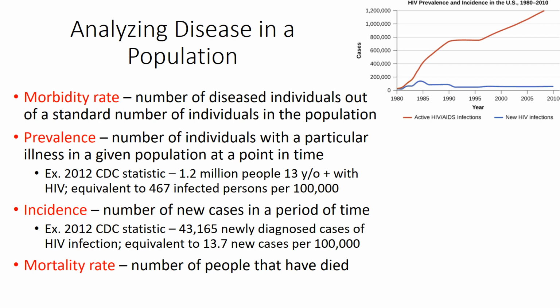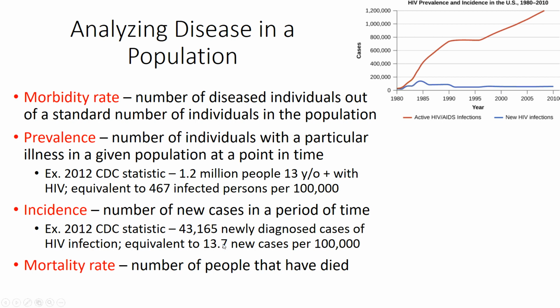Comparing prevalence to incidence. Incidence is going to be just the number of new cases in a set specific time period. So looking at that same time period we were looking at for prevalence, the incidence of HIV would only be about 13.7 new cases per 100,000 people.